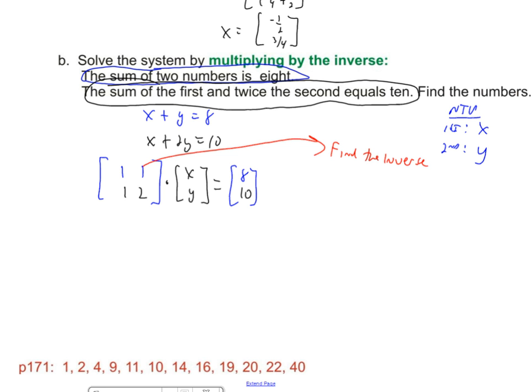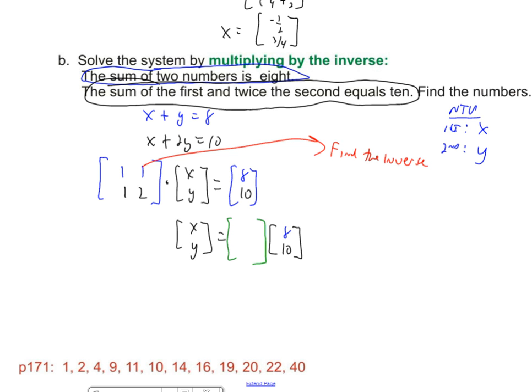Once you find the inverse, then your next line is going to look like this, right? XY. And then you're going to have that inverse, and I'm going to leave space for it. And then you're going to have that 8, 10, right? So you're going to put that inverse right there.